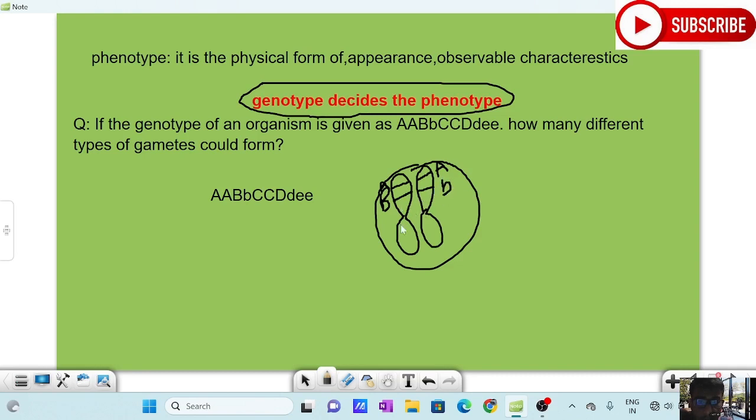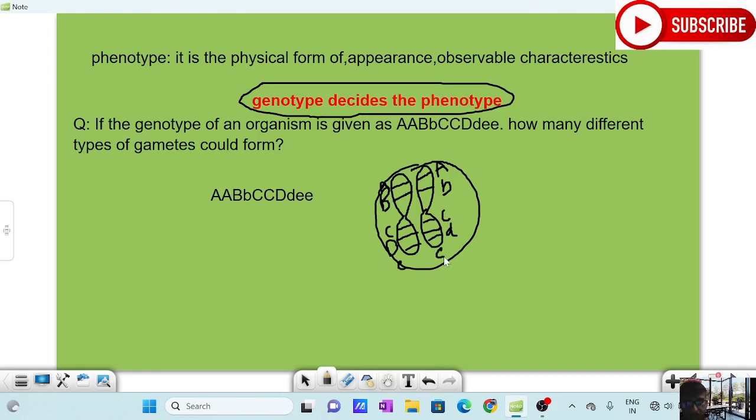And it is having C gene, both homozygous. And a D gene, which is heterozygous, right? Also a homozygous E gene.